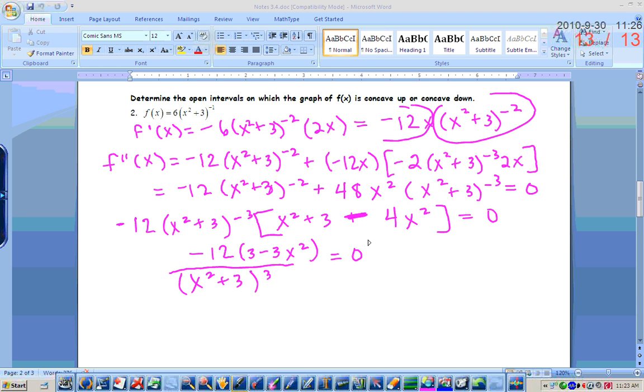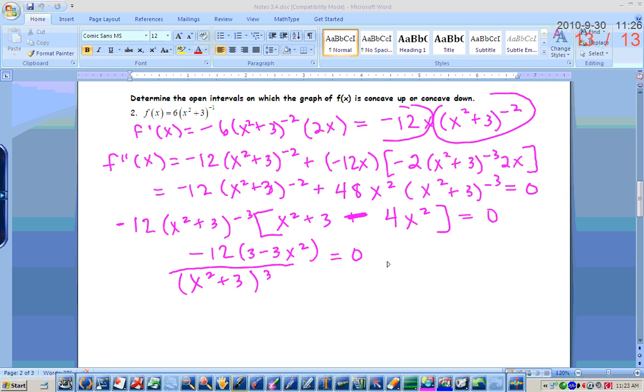Okay, I do have a variable in the bottom. What value of x will make that denominator equal to 0? Nothing. Good. So I am being kind of nice to you. If you take a number and square it, a number squared is either going to be 0 or positive. So 0 or a positive number plus 3 will never equal 0.